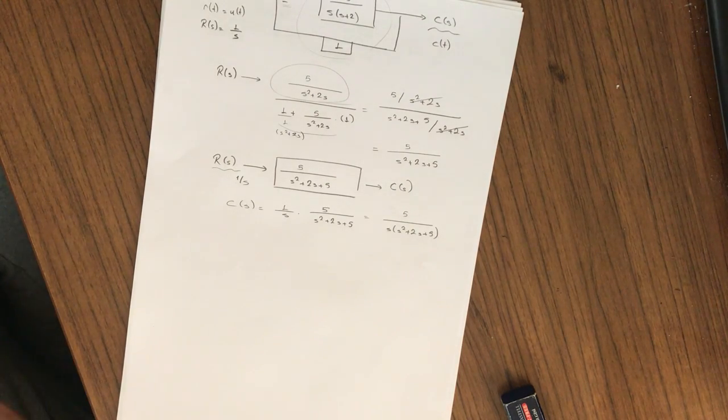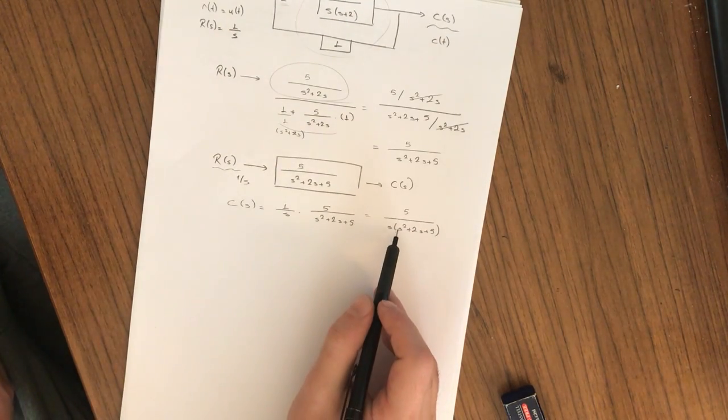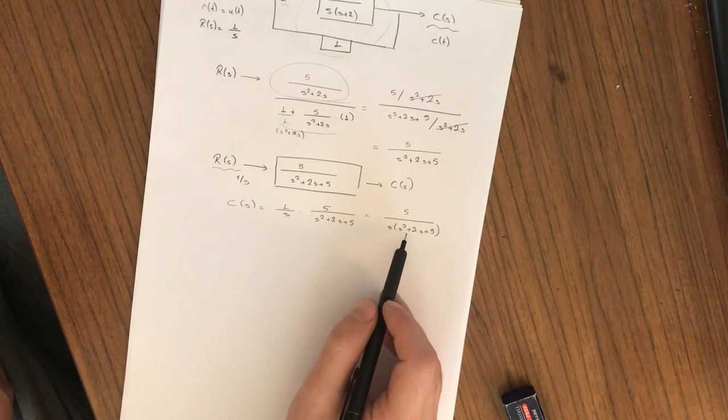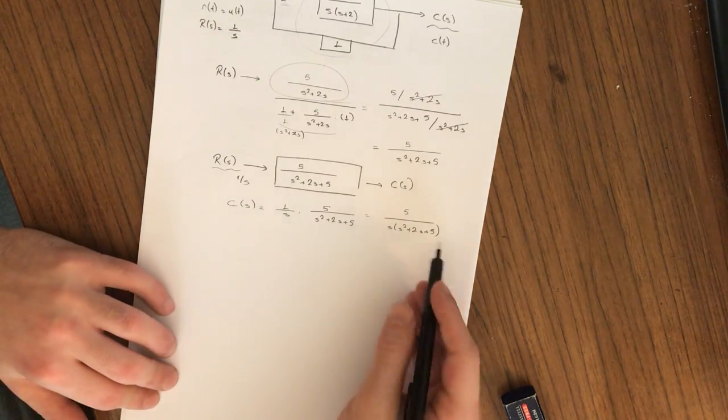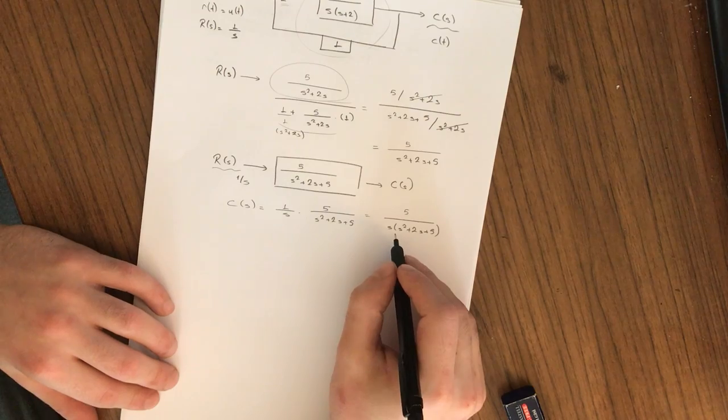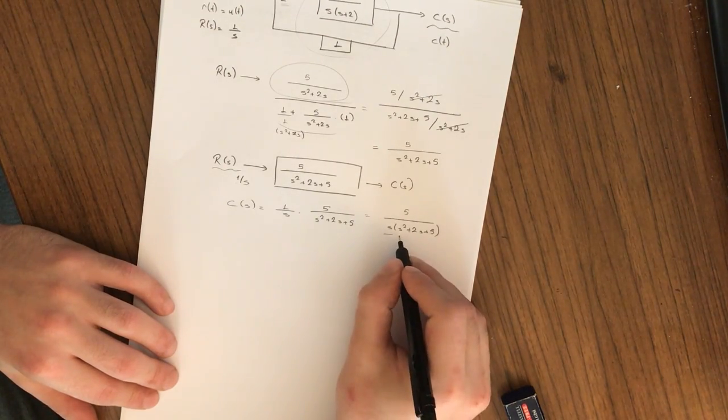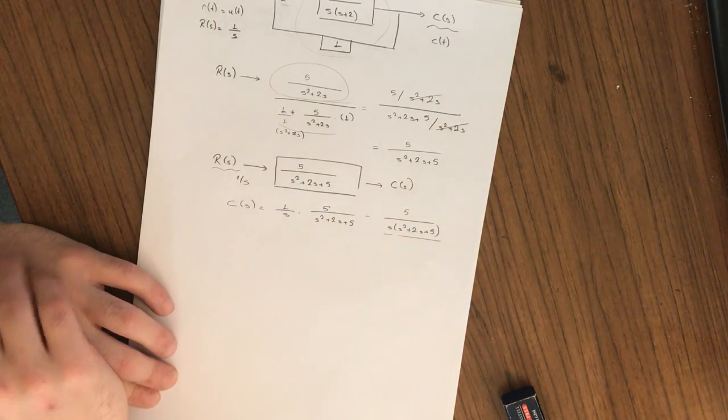Now to find c(t), the time domain equivalent of the output, we need to take the inverse Laplace transform of this function. To do that, first we need to apply a partial fraction decomposition for both denominator multiplicands, s and s squared plus 2s plus 5.